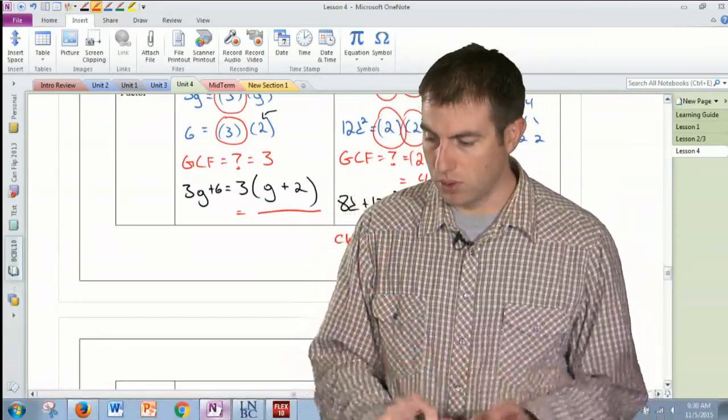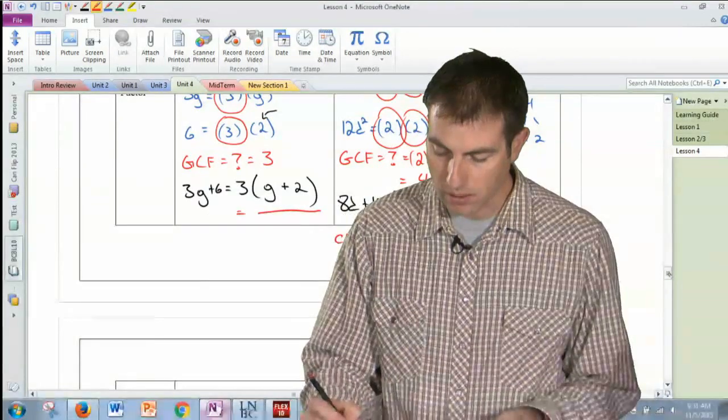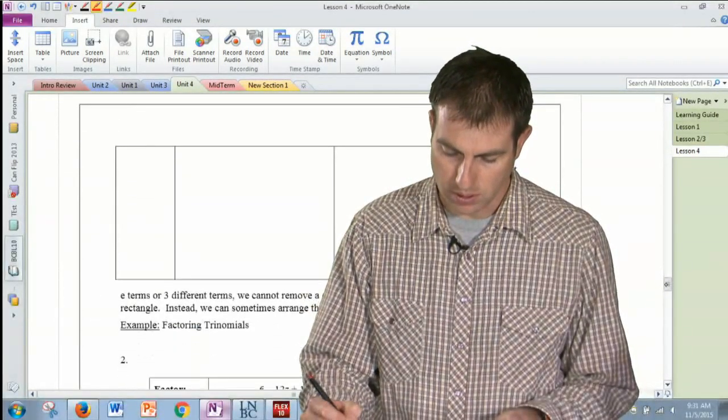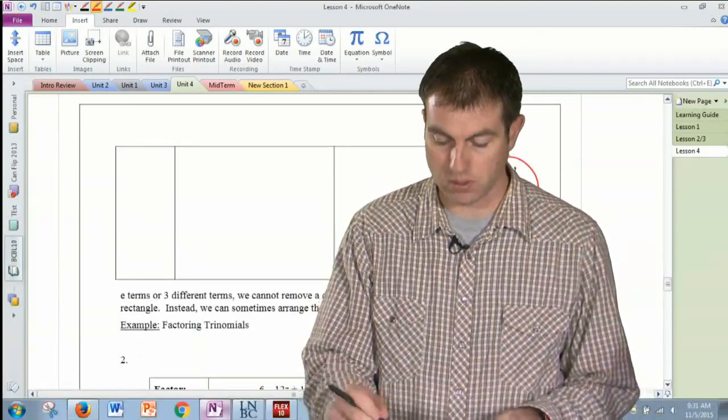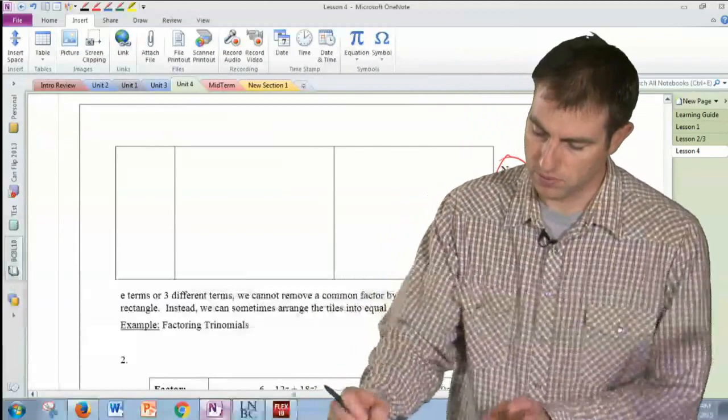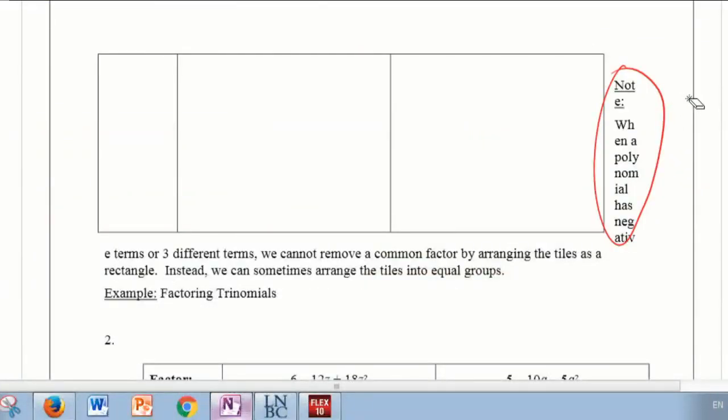Again, for the next 2 questions, you have the option to use algebra tiles. I don't really like how that turned out, but oh well, a little formatting error there. So you get to read vertically. Note: when a polynomial has negative terms or 3 terms, we cannot remove a common factor by arranging the tiles as a rectangle. Instead, we sometimes arrange the tiles into equal groups.